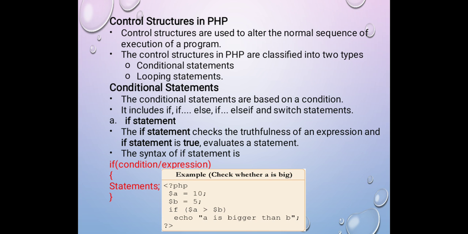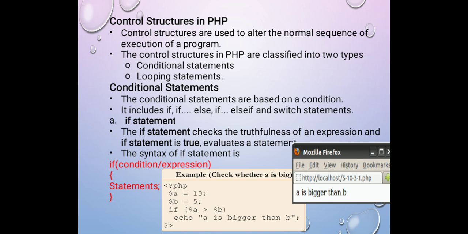The variable a stores the value 10, and the value 5 is stored in b. Then a condition: if a greater than b, here the value is greater than b, so that statement is true. So the output will be a message, print a is bigger than b, and the output is a is bigger than b. This is the first conditional statement, the simple if statement.